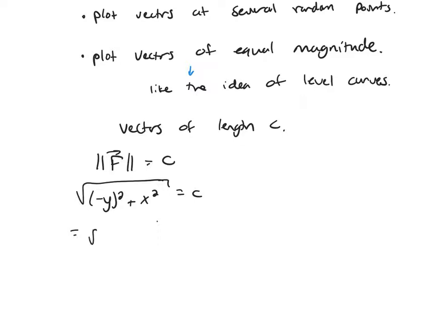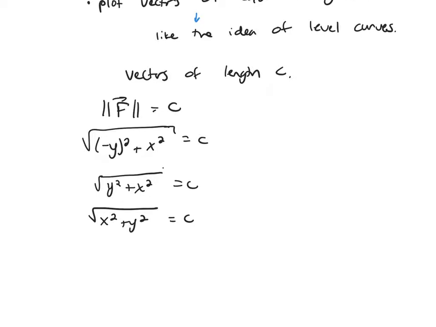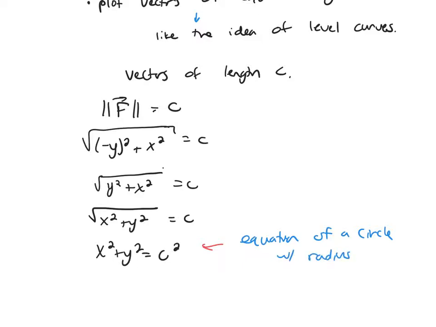This corresponds to the square root of y squared plus x squared. Might be more familiar if you switch them. And if I square both sides, you get x squared plus y squared equals c squared. This corresponds to the equation of a circle centered at the origin with radius c.